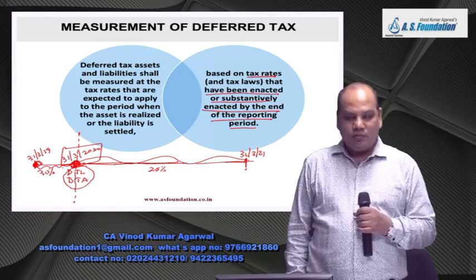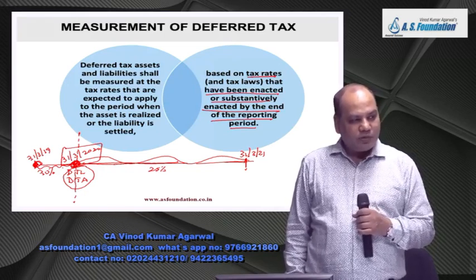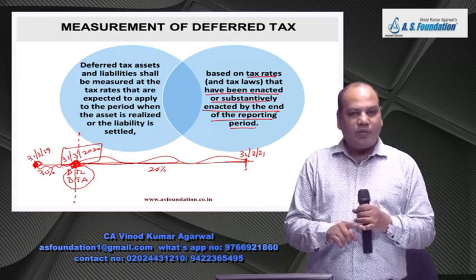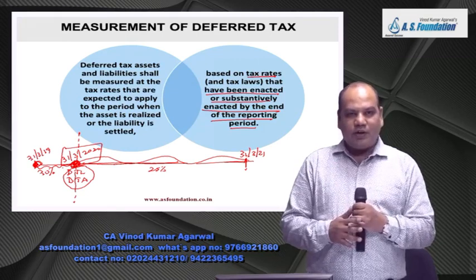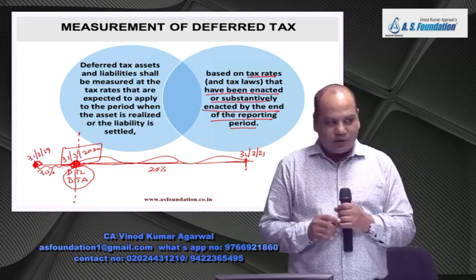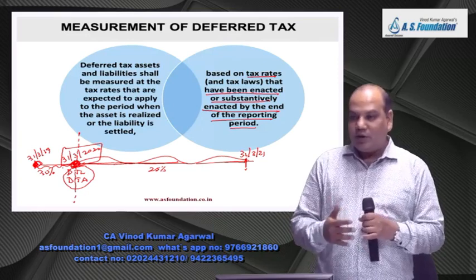Enacted means the law has been passed by the government. Both houses of parliament have passed the law. The president has signed the bill. It has become an act. It has been published in the official gazette. That is called enactment. And what is substantively enacted?